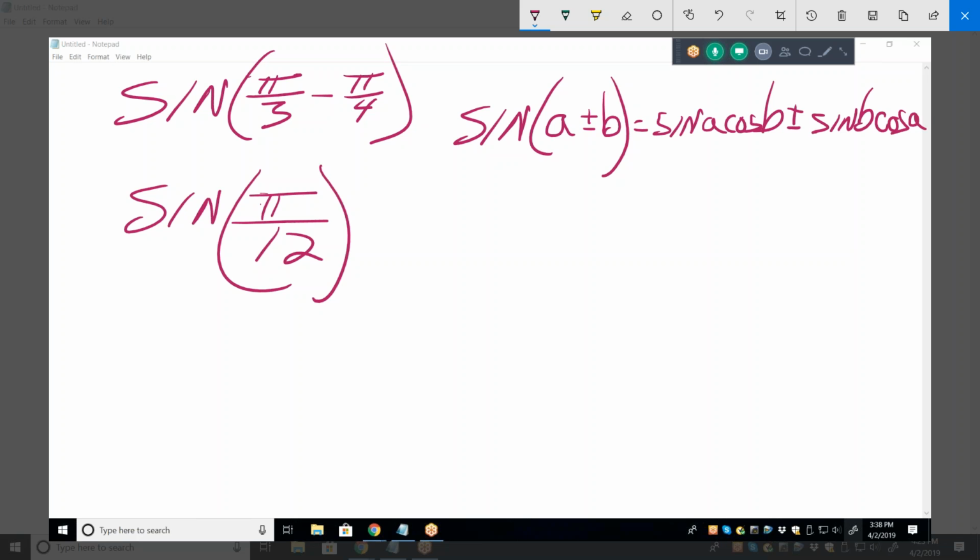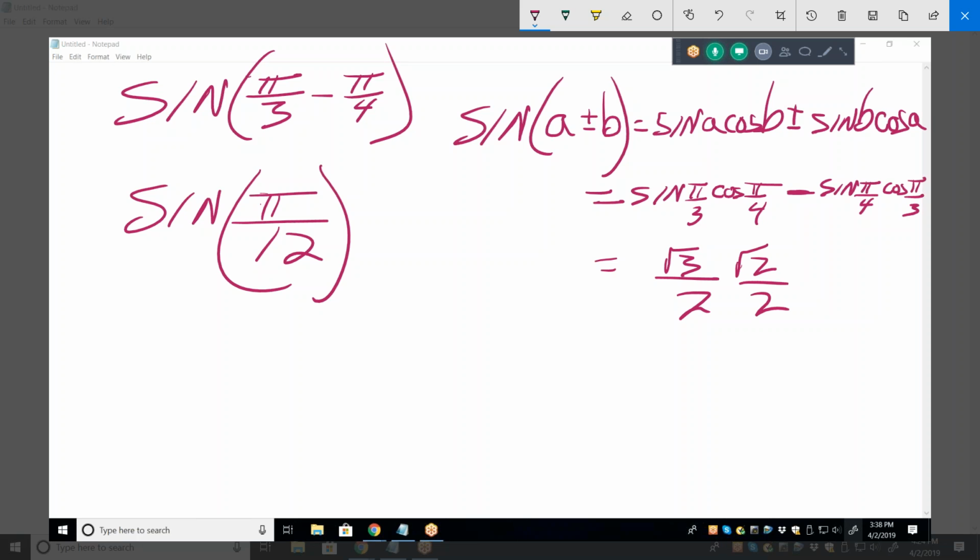So now let's fill it in. So we have the sine of pi over 3 times the cosine of pi over 4 minus the sine of pi over 4 times the cosine of pi over 3. Yeah, and all of those are standard angles. So let's see, that's root 3 over 2 times root 2 over 2 minus root 2 over 2 times 1/2.